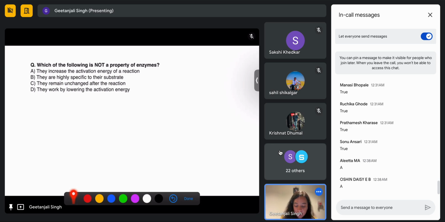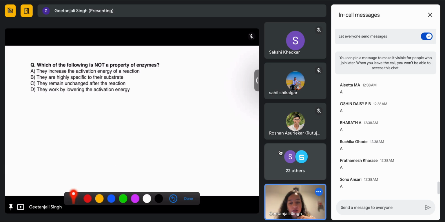So let's discuss each statement on its own. Obviously, enzymes do not increase activation energy, they do quite the opposite. They decrease the activation energy by stabilizing the transition state. They are highly specific to their substrate.